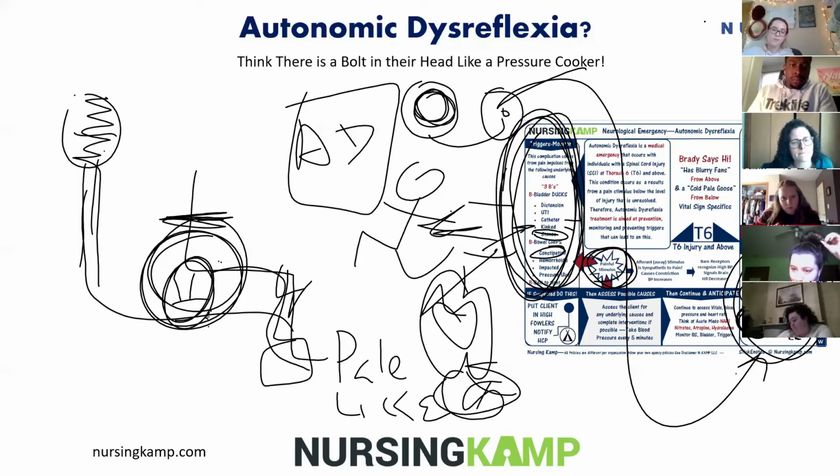So you're going to have a sense of preventative actions to deal with a potential problem. So that's why at Sunnyview, they go around and they do digital disinfections, different things like that, stimulation, right? So that get the bowels working, because constipation could cause autonomic dysreflexia for a T6 and above.